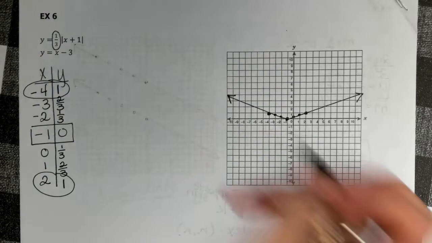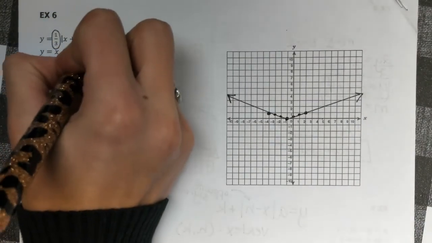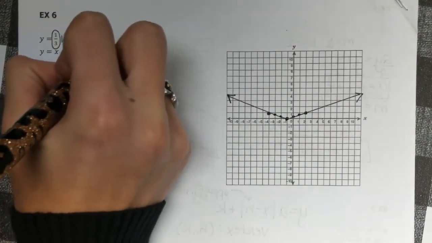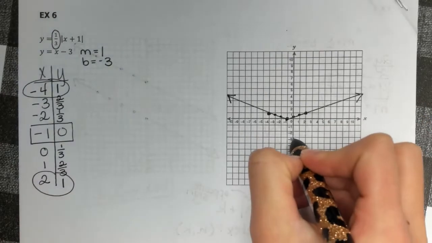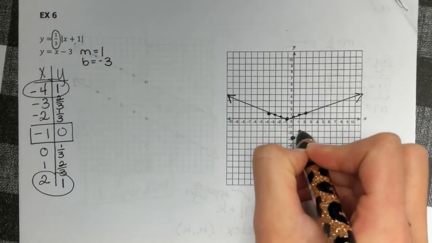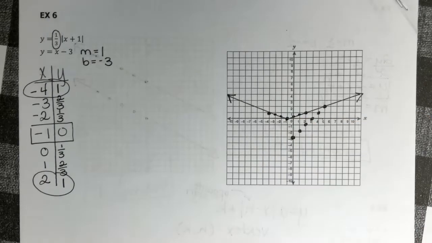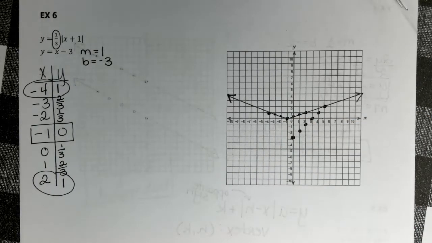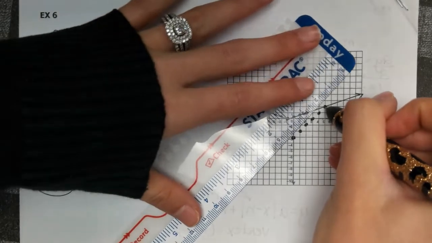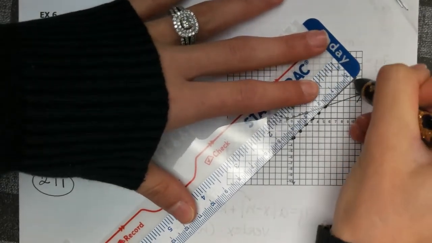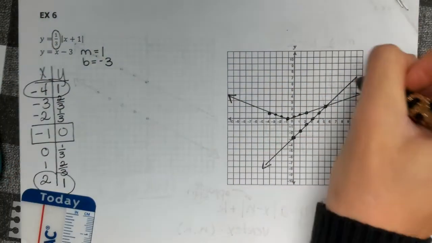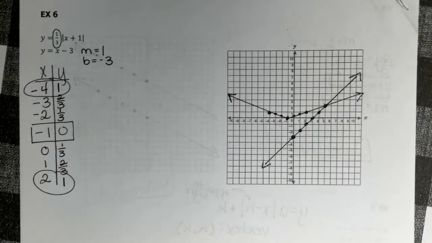So then my second equation is x minus 3, so my slope is 1 and my y-intercept is -3. So when I plot those two, they intersect at 5, 2.